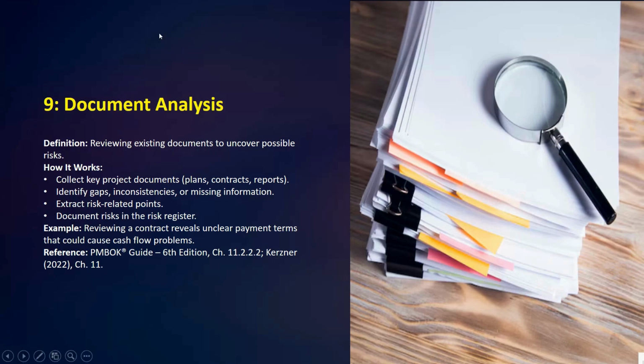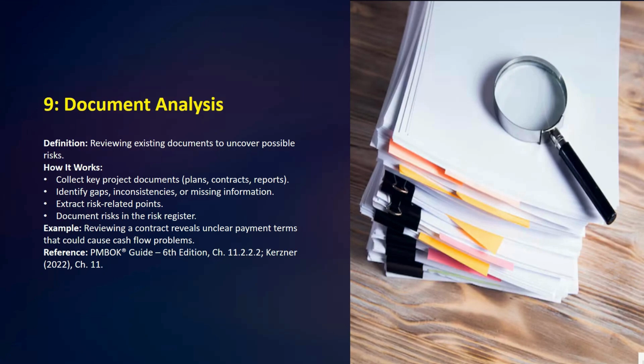So how it works: collect key project documents, plan, contract, reports, etc. Then identify gaps, inconsistencies or missing information, then extract the risk-related points, then document risk in the risk register.